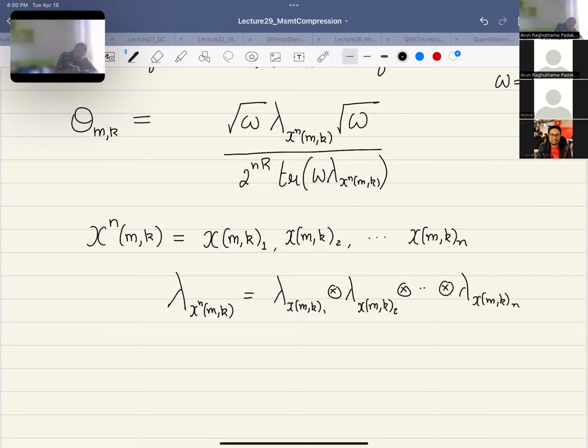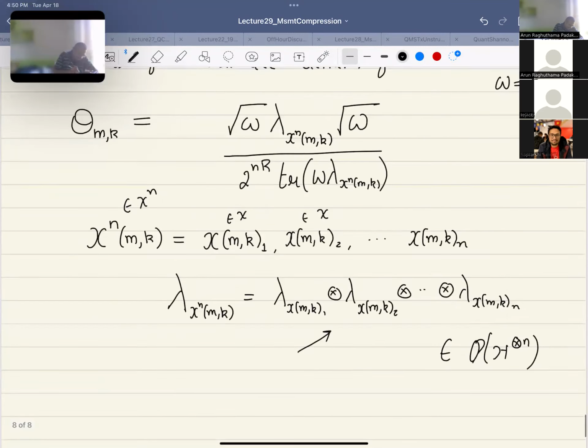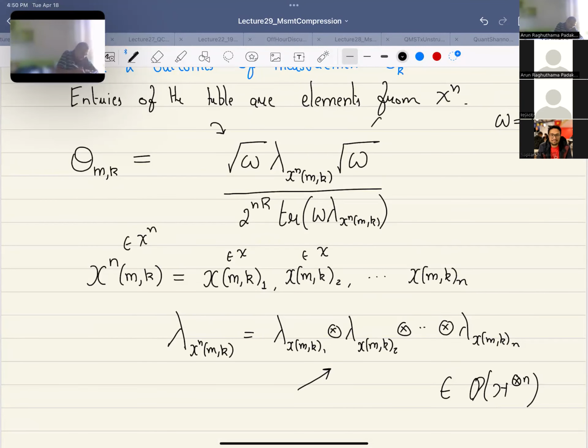Remember, this is an element inside xn, which means each element is sitting inside x. This is a positive semi-definite operator on H tensor n. I'm going to multiply on the left by root omega, on the right by root omega.